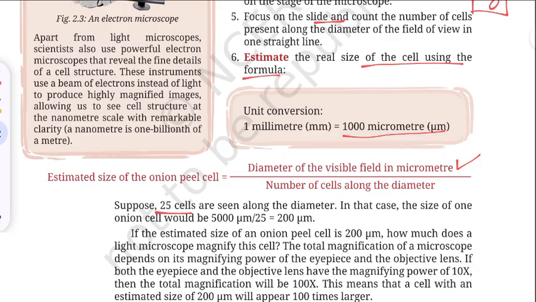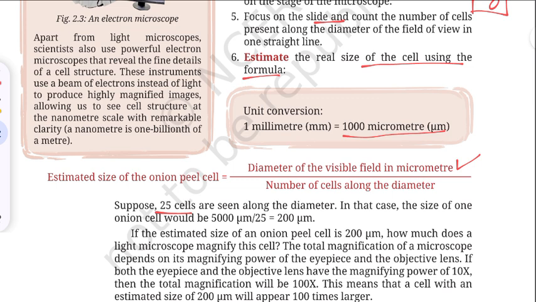When you focus on the circular region, you will get the answer in millimeter, but don't forget to convert it into micrometer by multiplying by 1000. Fine. So suppose you got 5 millimeter. I am explaining what you need to do. You need to take a ruler and focus on the circular region, and whatever its diameter is, that should come in millimeter.